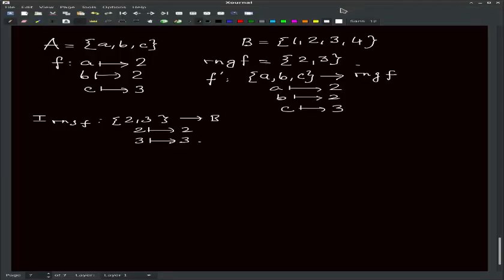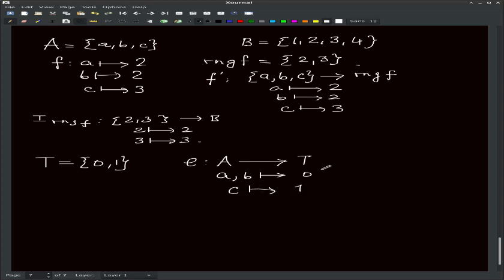But to be very simple, I can write, say, T to be 2 things. I take E to be this one. It takes A and B to 0 and C to 1.